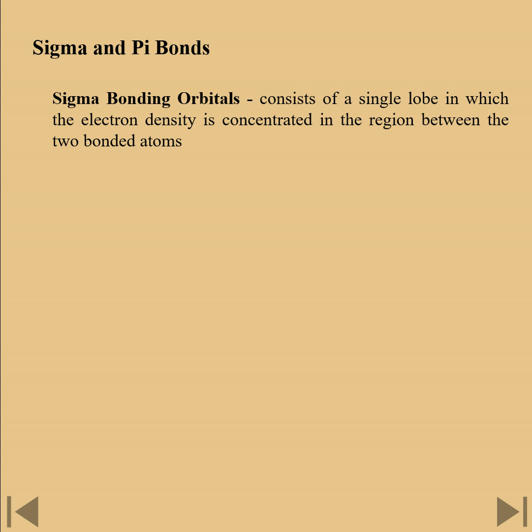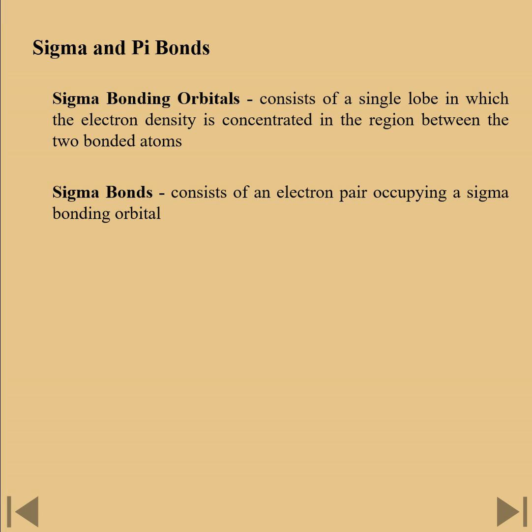Ultimately, if I'm concentrating the electrons between 2 atoms, I'm talking about a single bond. So the sigma bond consists of the electron pair, one from each of the 2 atoms donating them. And so the sigma bond consists of those 2 atoms from those 2 sigma bonding orbitals. And again, ultimately a sigma bond is a single bond.